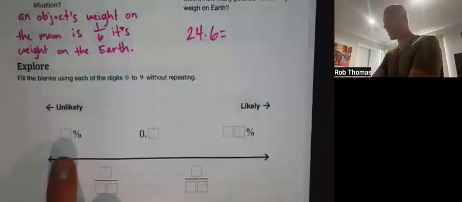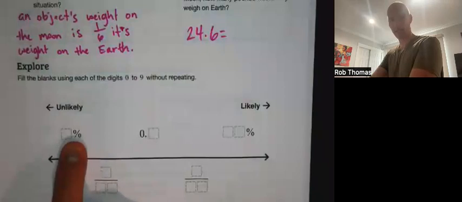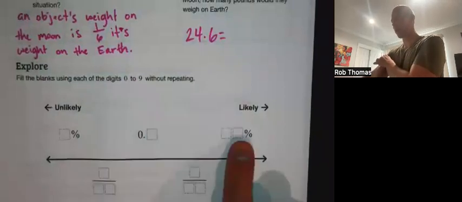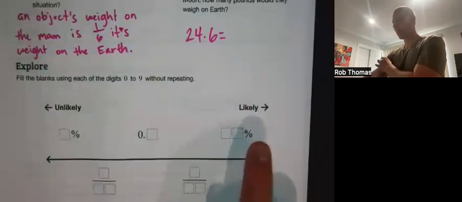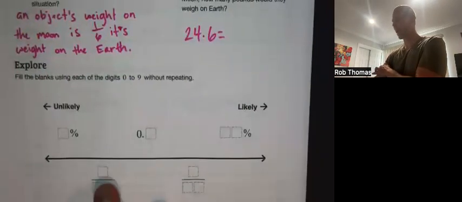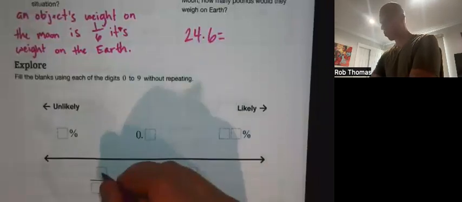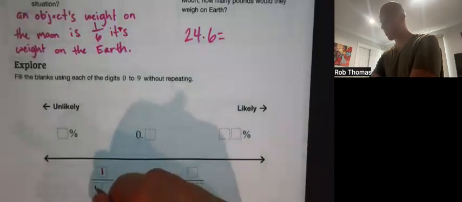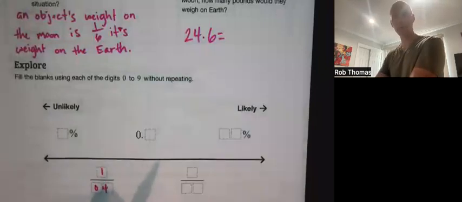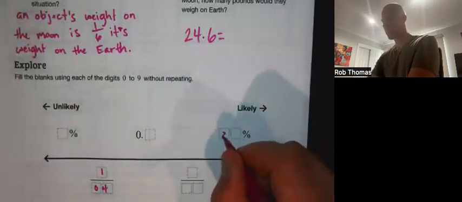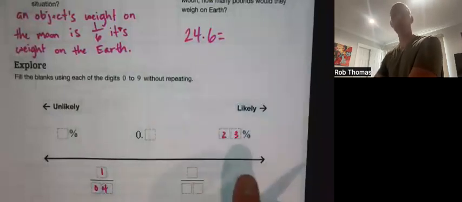Notice that this thing over here is supposed to be a percent. This is supposed to be 0 point, whatever you put in here. And this one's also a percent. And then these are fractions. So if you make this like 1 over 0.4, right? 1/4. But then you make this 23, this would not work.